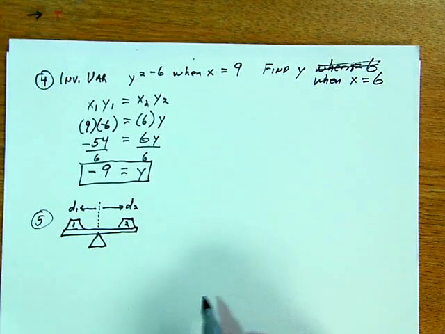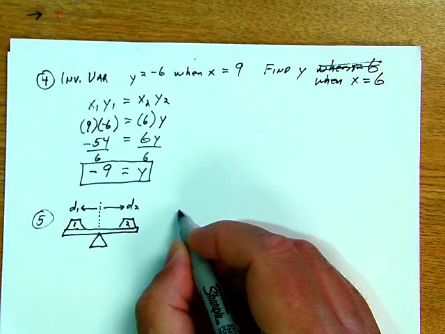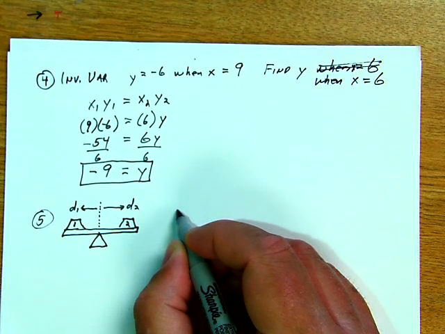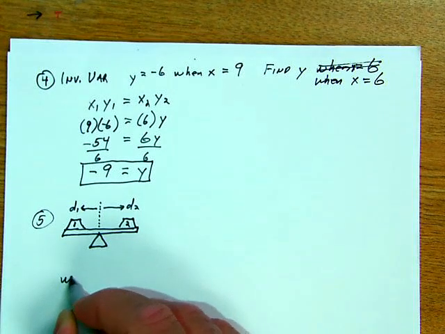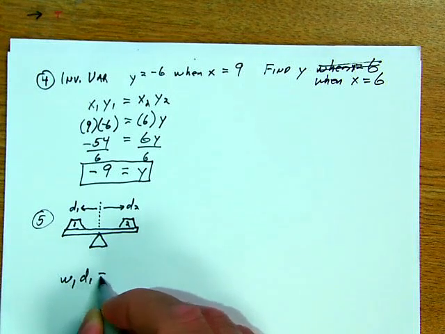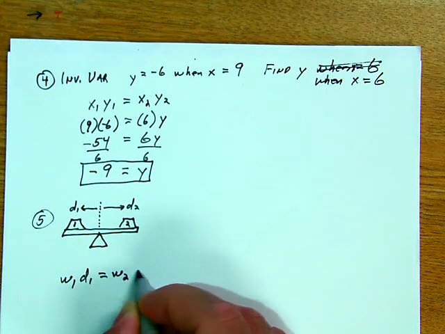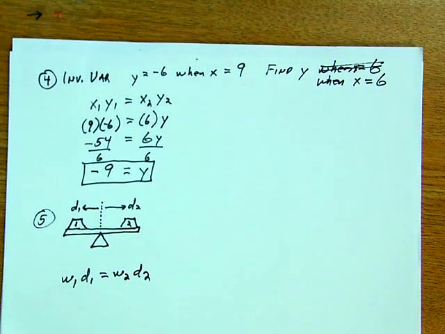Okay? So that can be written as weight 1 times distance 1 is equal to weight 2 times distance 2. So if you'll notice that, these are our x and y values that make up the product rule.